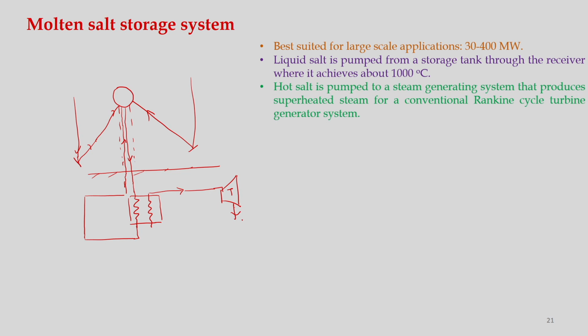Then we need to have a condenser, and if we have a condenser then we need to have some kind of cooling tower. And we have to have a pump, and this will work in a closed loop, and we can have storage as well here somewhere.